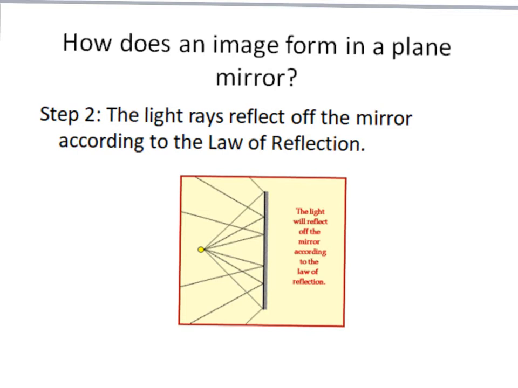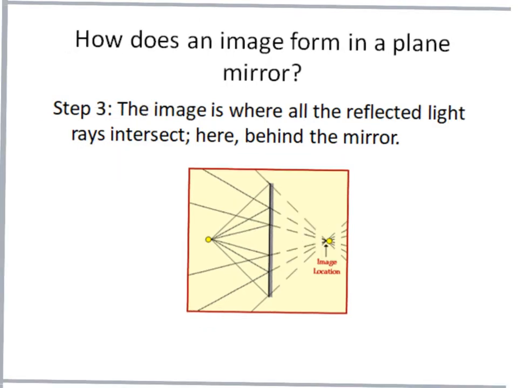Notice, if I were to draw a normal down each line, you would notice that the angle of incidence is equal to the angle of reflection. Now, here's where it gets a bit tricky. When we're talking about the image, we can extend the rays of those reflected lines behind the mirror.